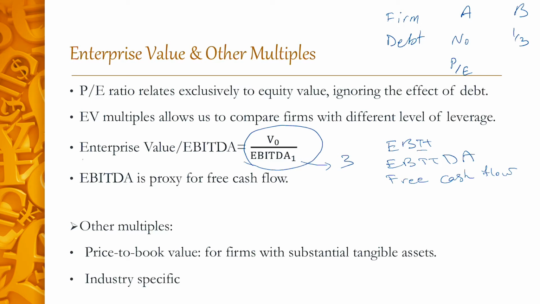So if there is a change in the capital expenditures between comparable firms that we are trying to value, it's better to use EBITDA. And that's the reason that this multiple is the most common multiple used in the industry by practitioners.